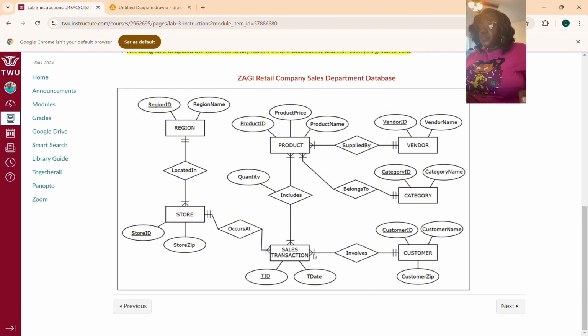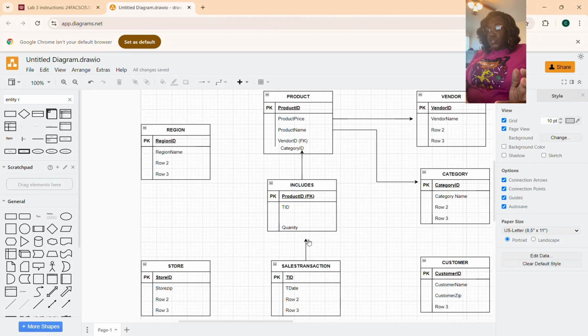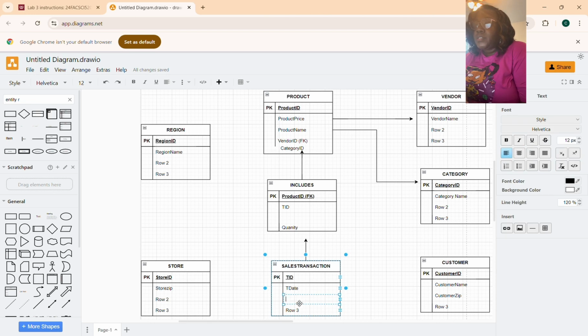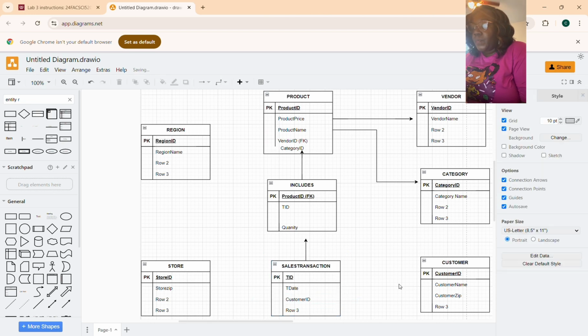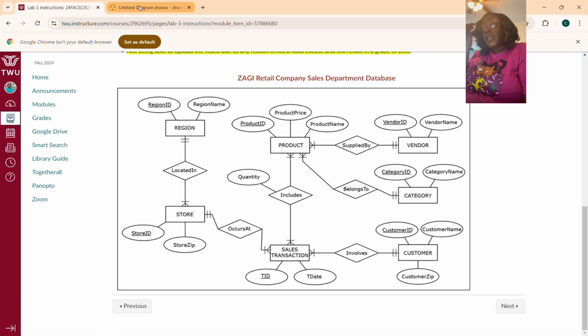You're going to take the customer ID, and you are going to add the customer ID here. That's going to connect those two. So what you can do now, we can connect these two. Now they're going to be connected, right? So now those two are connected.